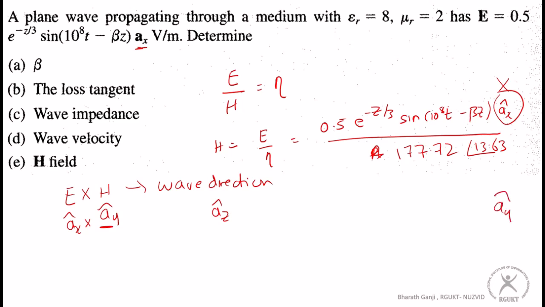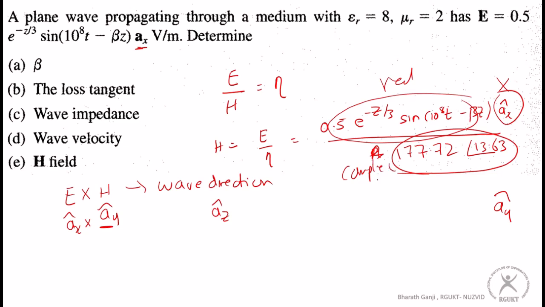But even then it is still a wrong answer, because you can see the top numerator is a real number, but in the denominator you have a complex number. I already told you, whenever you give your answers in time domain, the answer should be completely a real number, not a combination of complex and real numbers. So what is the mistake here?